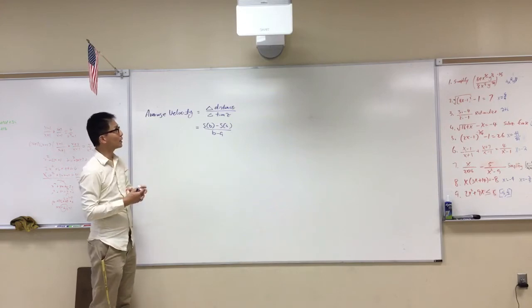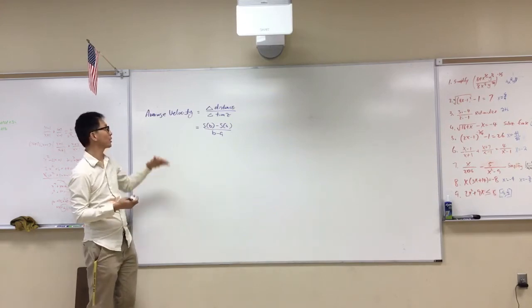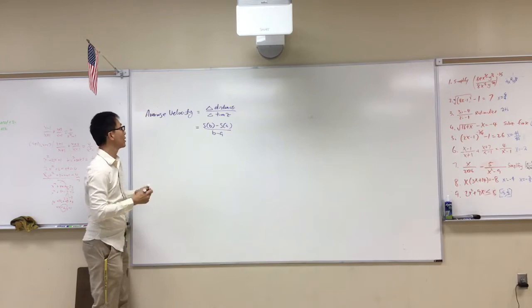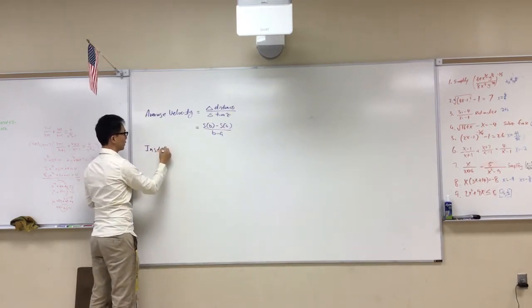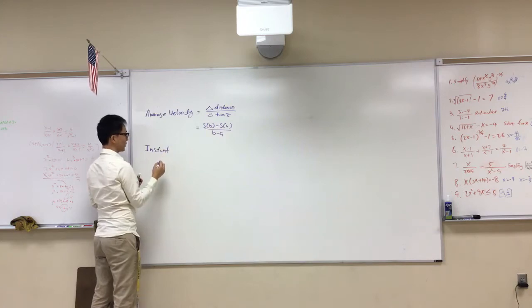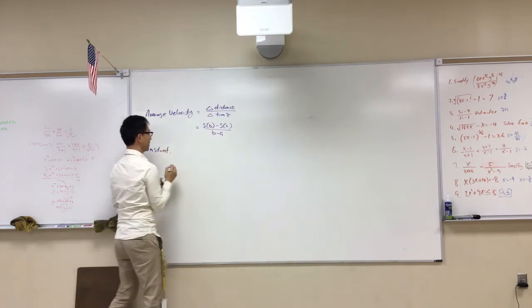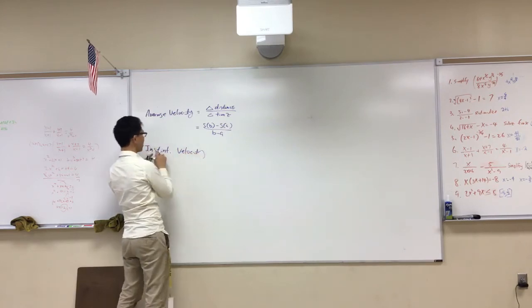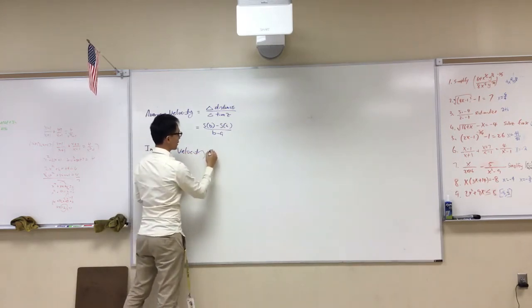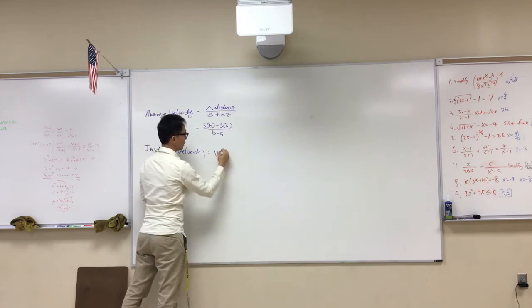Now we're going to talk about average versus instantaneous. So instantaneous velocity, you put a dot over the v. That stands for instantaneous velocity, which is equal to v of t or s prime of t.